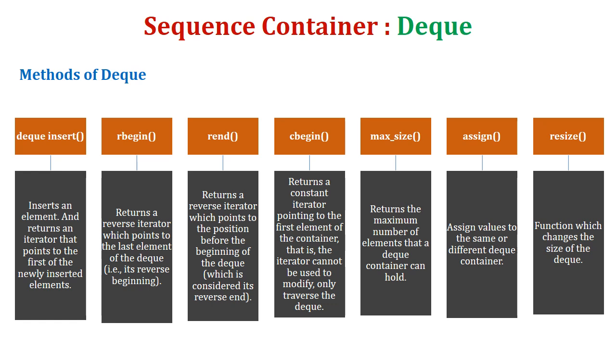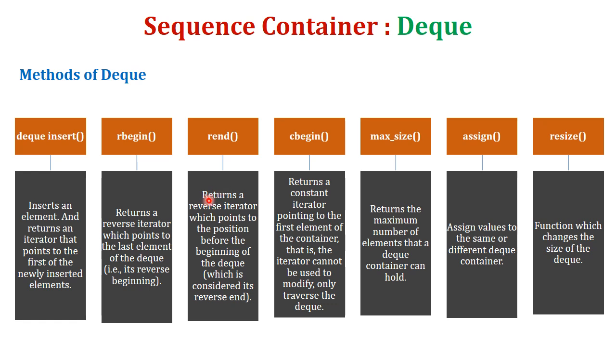Next, the methods of the deque. First one is insert. It inserts the element and returns the iterator that points to the first of the newly inserted elements. Next one is rbegin, that is, reverse begin. It will return the reverse iterator which points to the last element of the deque. Next one is rend, reverse end.